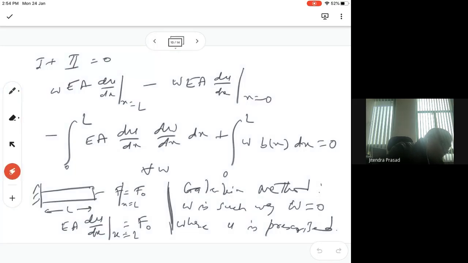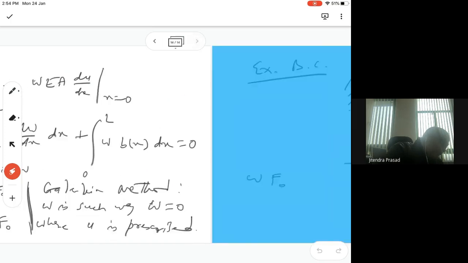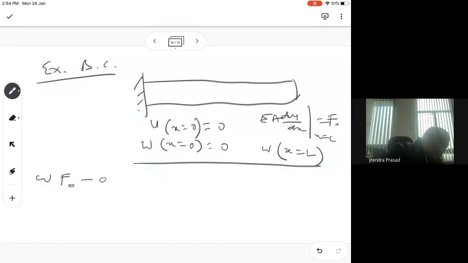Then we have minus this. Now W is equal to 0 at x equal to 0. Why? Because U is defined there. So this whole term will be 0.